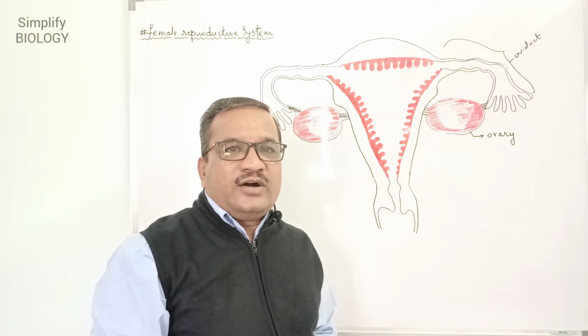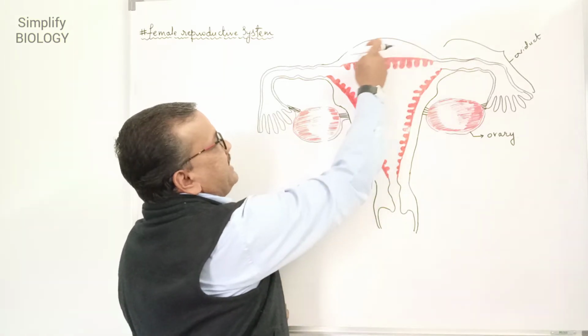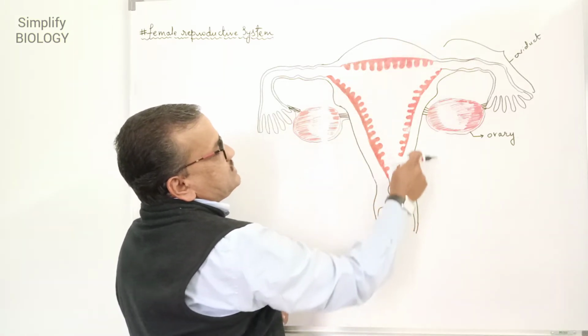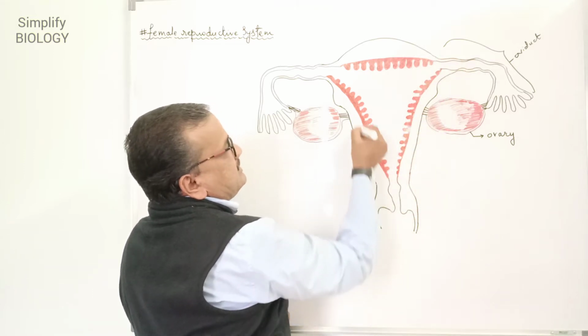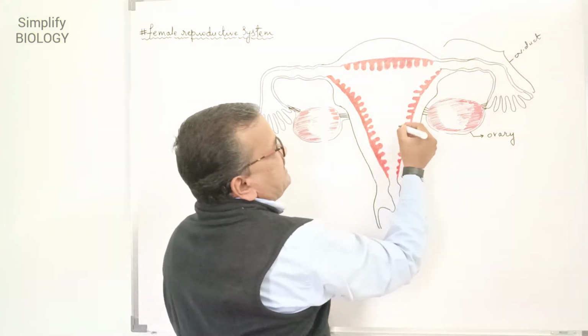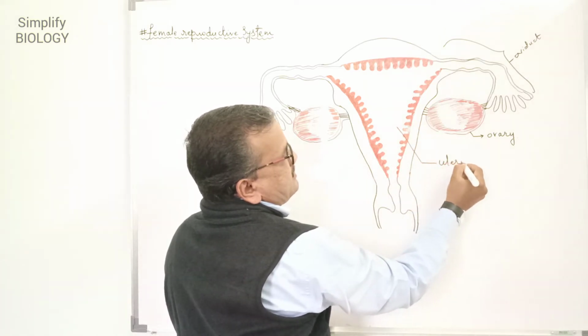The next organ of the female reproductive system is the uterus. If you see the middle portion, this total portion from here to here is called the uterus.